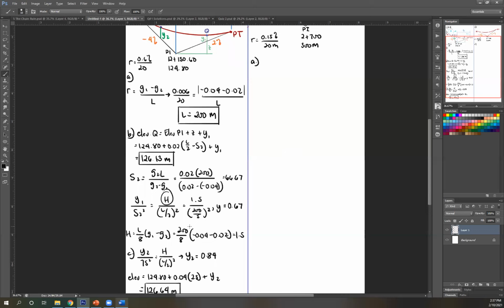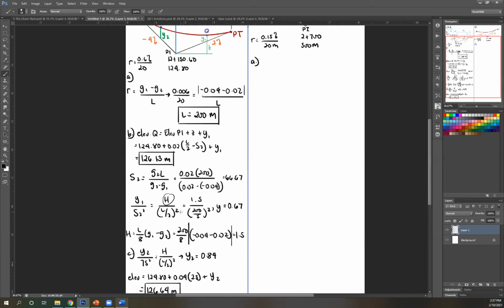My problem is I don't know H, but I can solve for H using the equation L over 8 times G1 minus G2. L is 200 over 8 times G1, negative 0.04 minus G2, 0.02, absolute value. We solve for H, that's 1.5.